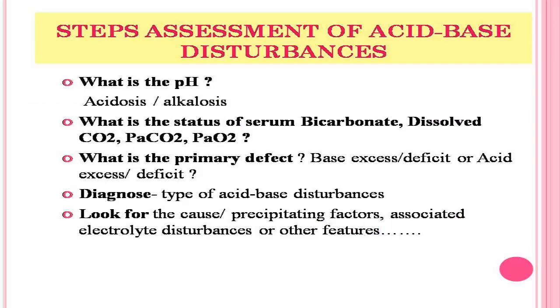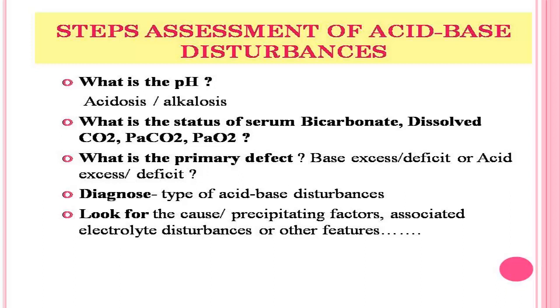Now this is again a repetition slide from the alkalosis classes, that is the steps of assessment of the acid base disturbances. Actually there is a systematic way of assessment of acid base disturbances. Whenever a chart is given to you in your exam and this chart has a clinical picture suggestive of acid base disturbances, you have to proceed in a systematic manner.